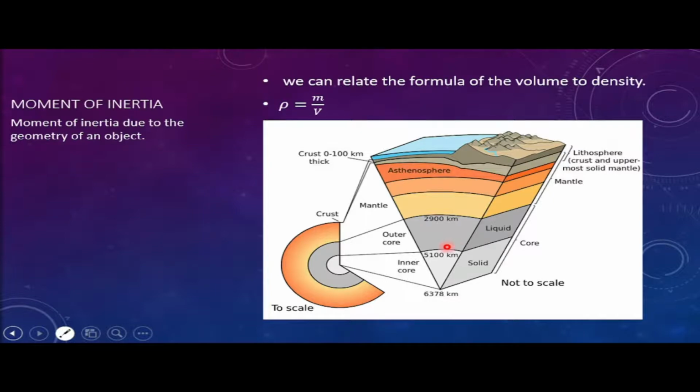And let's see if we can devise another way wherein we will not use the density of the Earth, because there are a lot of issues in using the density of the Earth in moment of inertia calculations. But in reality, the Earth is made out of different layers, and they have different densities.